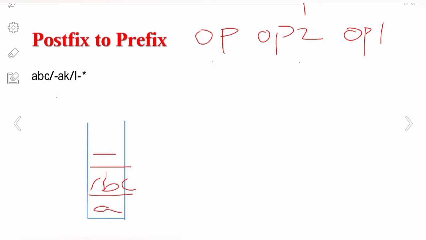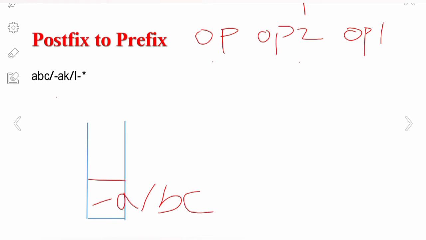So now the operator is available. Again this expression will become minus, operand 2, that is the A by BC. Minus A by BC. So here we are going to pop these elements from the stack and write this minus A by BC.